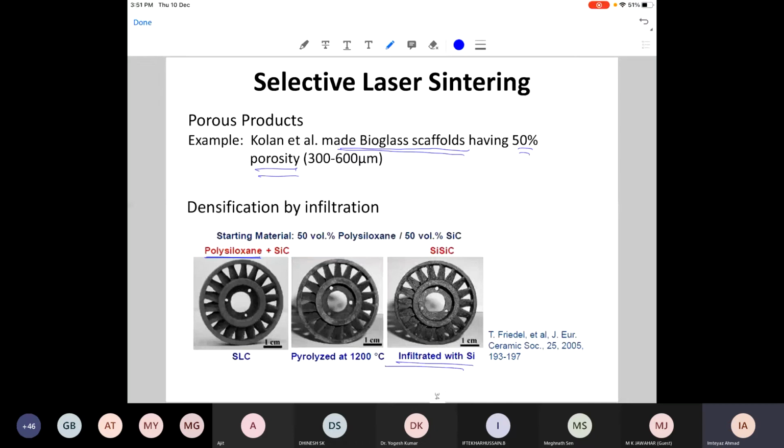Only thing is that here we do in situ reaction bonding. The powder is there, and when you apply the laser, it gets reaction bonded by silicon. Silicon carbide gets reaction bonded, and then you pyrolyze and infiltrate with silicon. There was another report which is actually a success story, I should say.